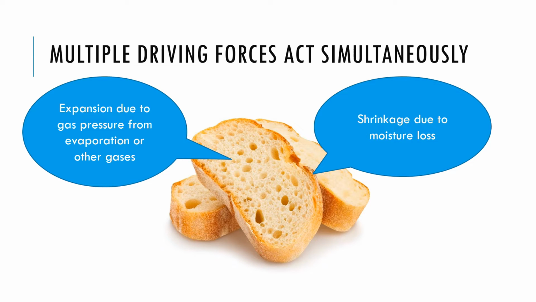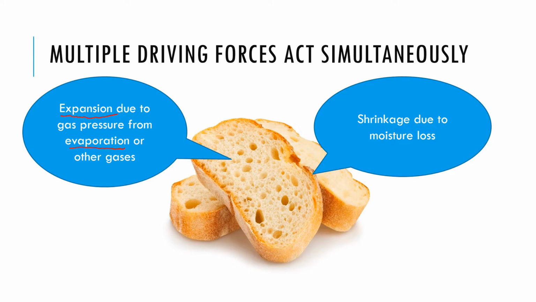In a food process, many different driving forces that lead to deformation of the food product can act simultaneously. Two of the common ones are gas pressure that causes it to expand and moisture loss that leads to shrinkage. So here in bread baking, you can have expansion due to gas pressure from either evaporation or CO2 generation inside the bread.